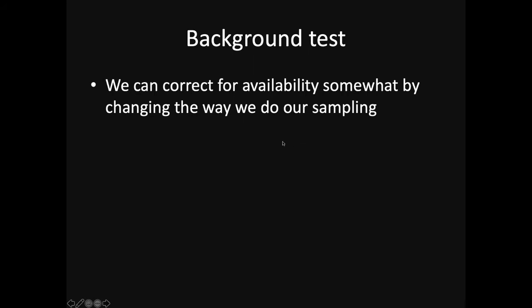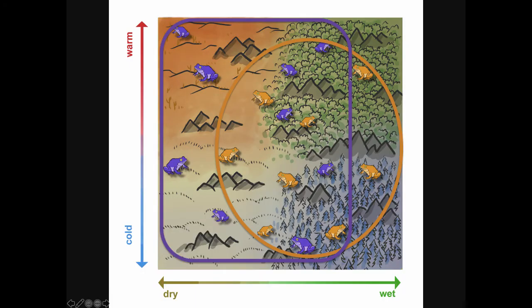This is one of those things that makes Monte Carlo tests so powerful, is that the procedure is the same here, but by changing the way we sample or simulate our occurrence data, we can actually change the hypothesis that we're addressing. So here we've got two species, the orange species and the purple species, and we can define a region for each of these species that delineates what we think is the set of environmental backgrounds or the space that they're actually able to sample.